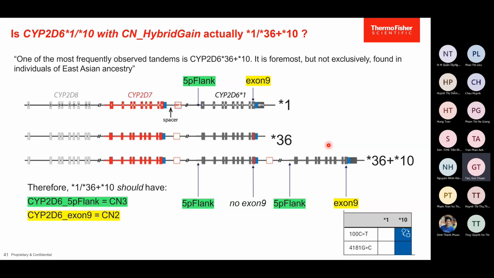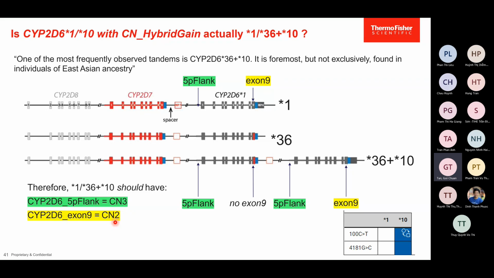In the case of STAR36 plus 10, you can see that the 5' flank is copy number 3, but exon 9 is copy number 2, and you also see the unique change for STAR10, which is this 100C to T. This position is unique to STAR10.